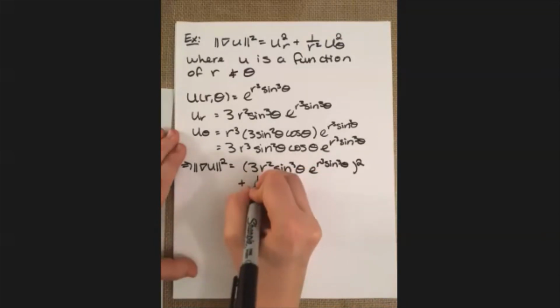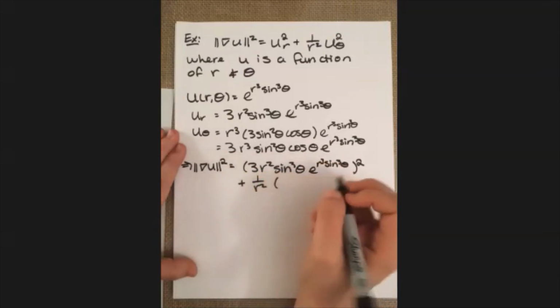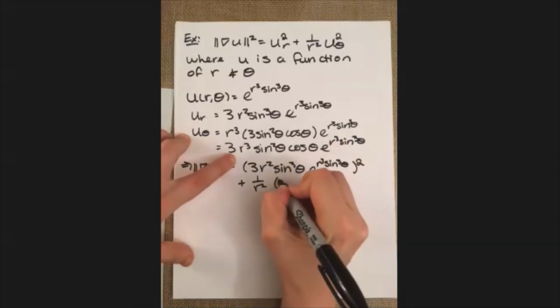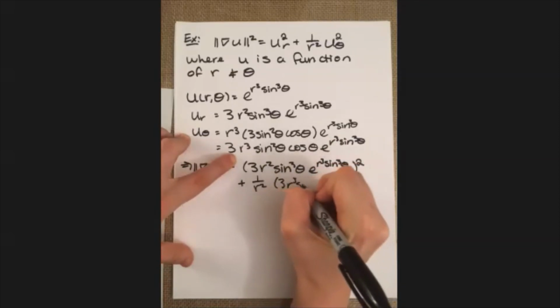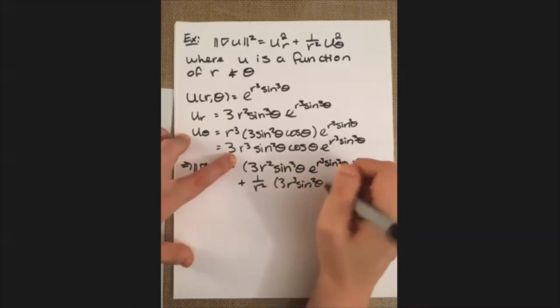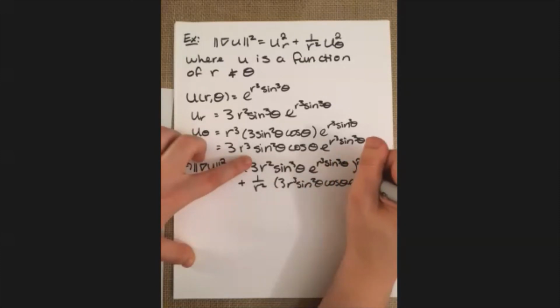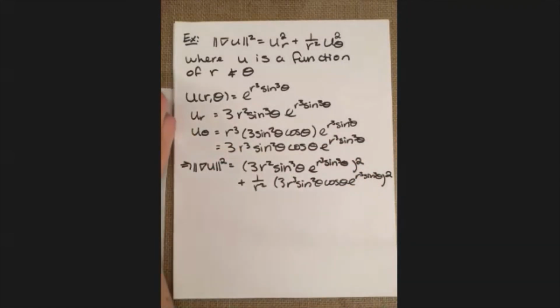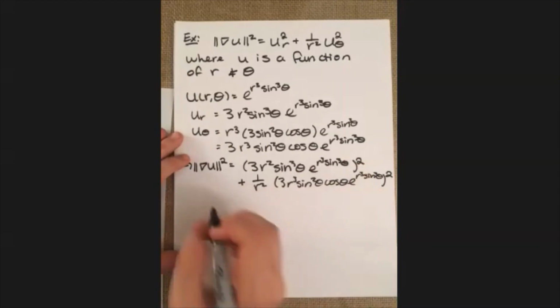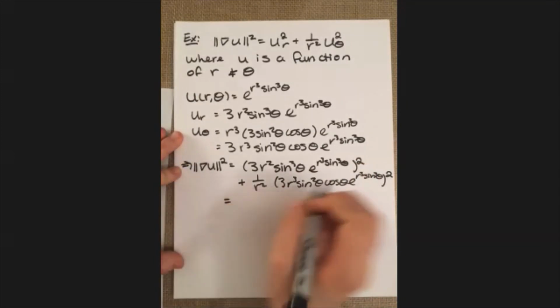Plus 1 over r squared times all of this squared, so 3r cubed sine squared theta cosine theta e to the r cubed sine cubed theta squared. Okay, so I'm going to go ahead and distribute the squareds to both of those pieces here.